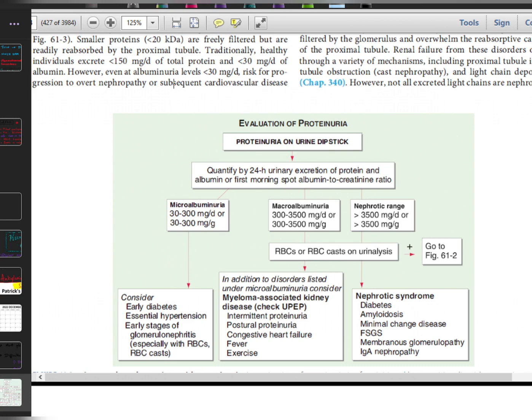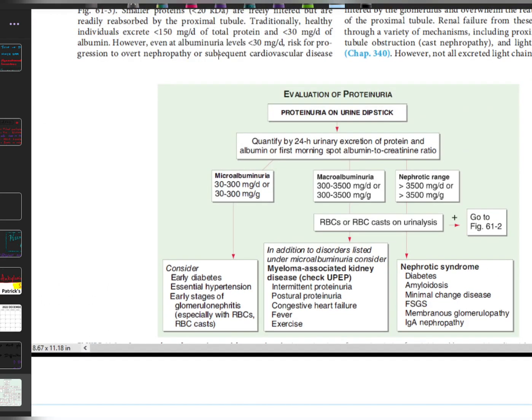Both are equal. If microalbuminuria is there, the causes to consider are early diabetes, essential hypertension, and early stages of glomerulonephritis, especially with RBCs and RBC casts present.